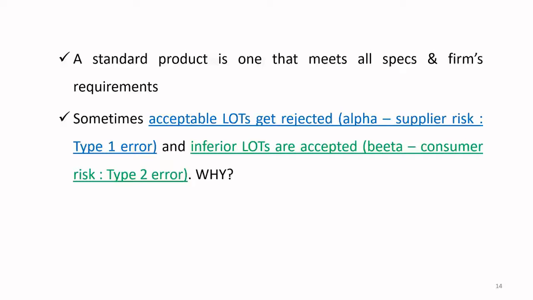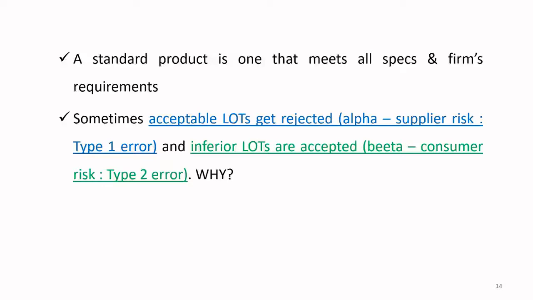Meaning to say that if 10 pieces were rejected, you were safe. If 11 pieces were rejected, your shipment would be rejected. Now, you might be very unlucky on a particular day that when the inspector took out samples from various cartons, most of the rejected pieces got out.